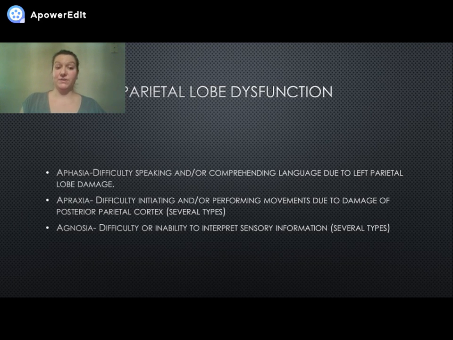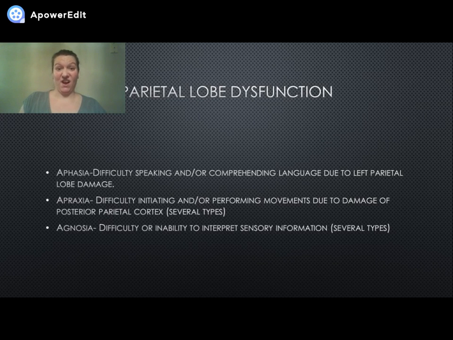And you've got agnosia, which is the difficulty or inability to interpret sensory information. And many dysfunctions or deficits can be caused by things such as neurodegenerative diseases, or traumatic brain injuries, or lesions, or other factors.